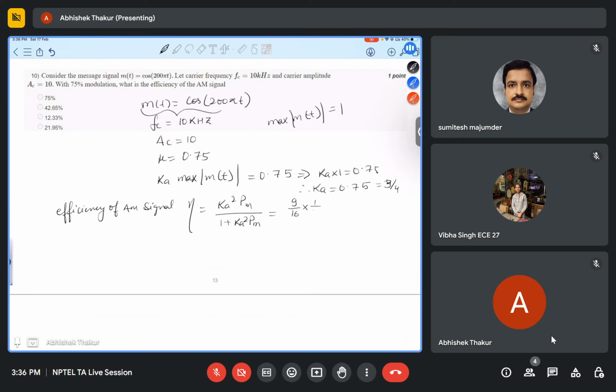So eta is 9 by 16 into 1 by 2 divided by 1 plus 9 by 16 into 1 by 2. So this is equal to 9 by 32 divided by 1 plus 9 by 32, which will be equal to 9 by 41. Efficiency is equal to 9 by 41, so this will become 0.2195, that is equal to 21.95 percent. So option D is the correct answer for this question.